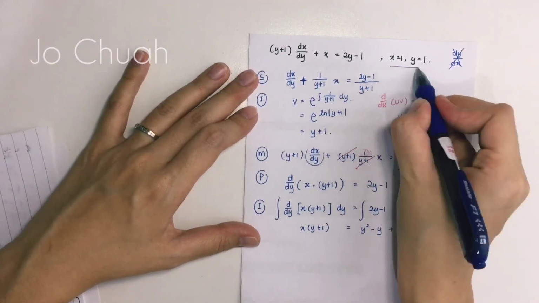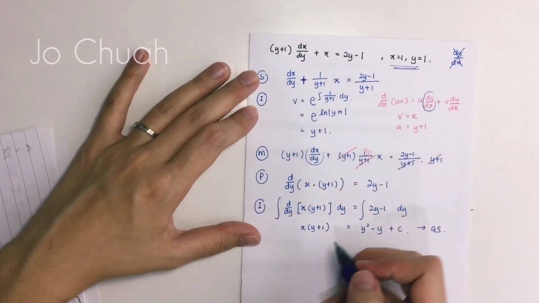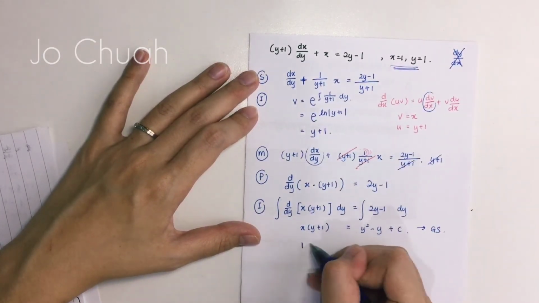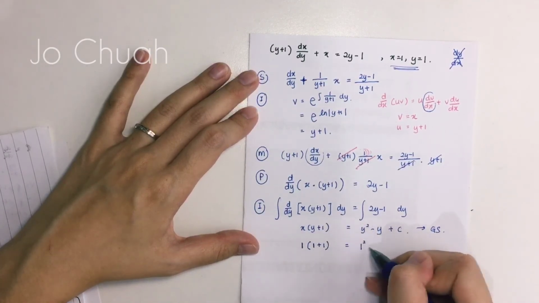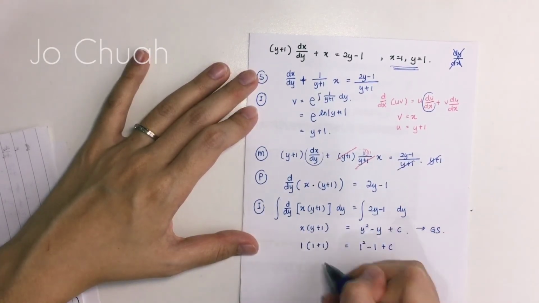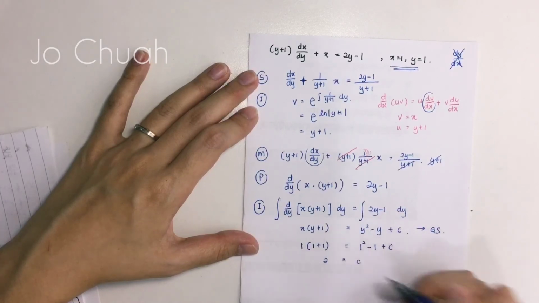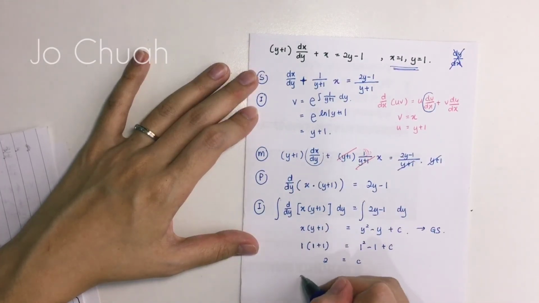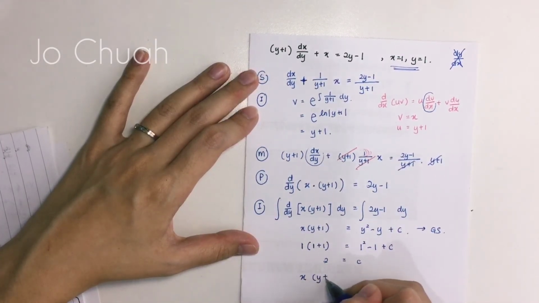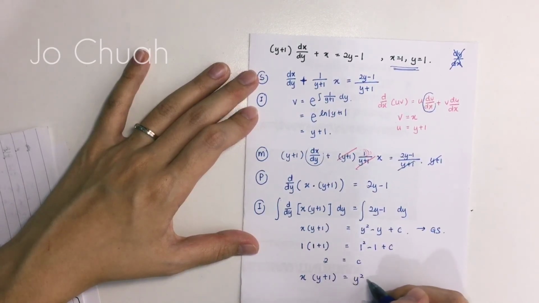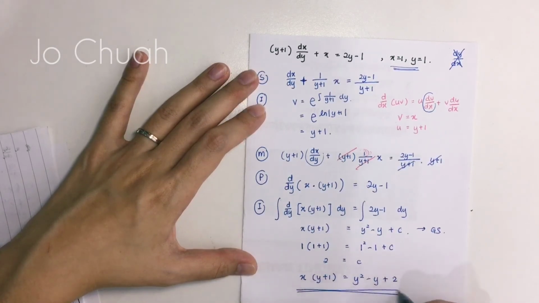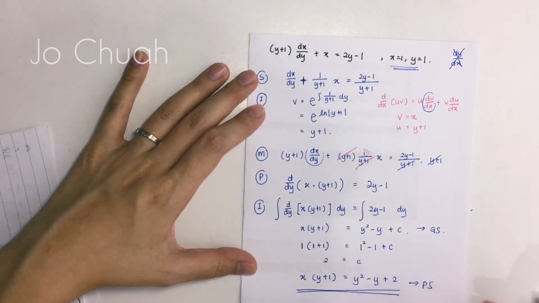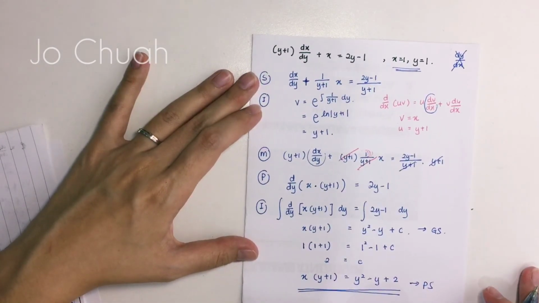You're going to need the particular solution. So put in this condition. You have 1 times 1 plus 1, equals 1 squared minus 1 plus c. So this is 2, this is c. C is 2, so your final answer: x times y plus 1 equals y squared minus y plus 2. This is your particular solution. I hope you understand well. Alright?